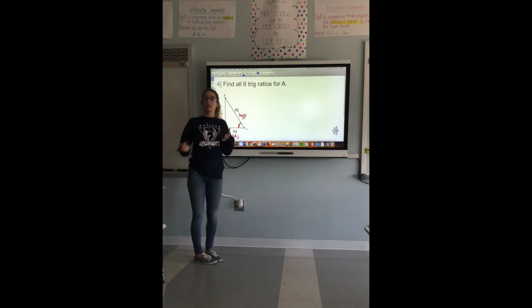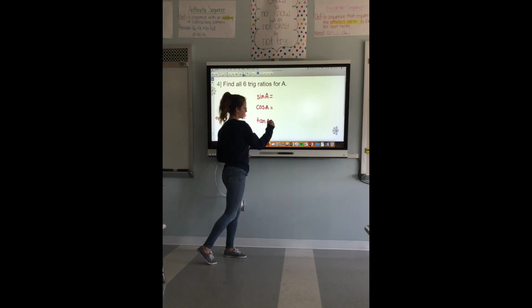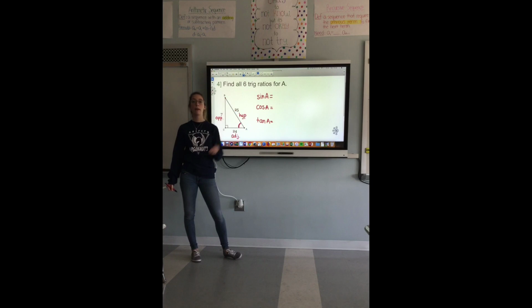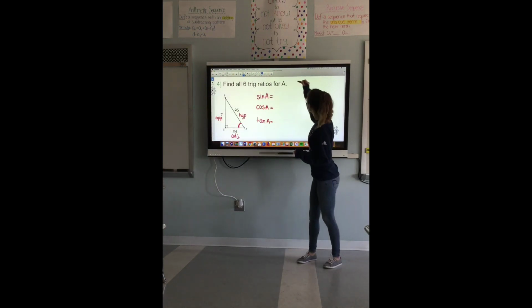So we're going to start with the normal sine, cosine, tangent. So we have sine of A, cosine of A, and tangent of A. We remember what the ratios look like from SOHCAHTOA. So also if you need to write that down, write it down.